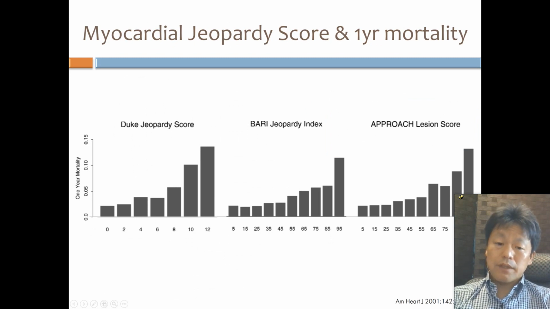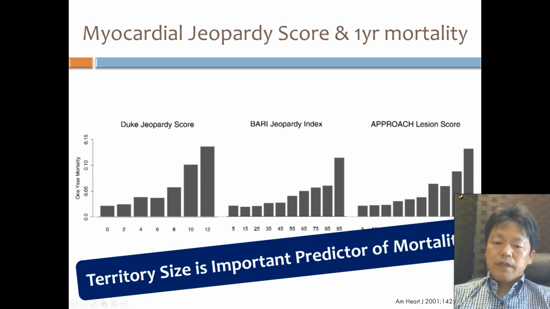All of the angiographic jeopardy scores can be predictors, because a higher angiographic jeopardy score is clearly related to one-year mortality. Territory size is an important predictor of mortality.